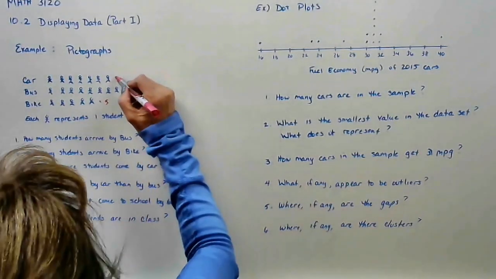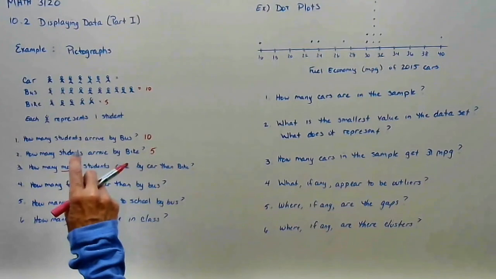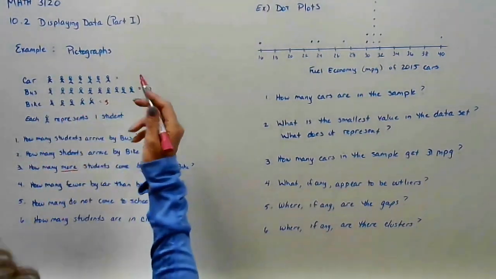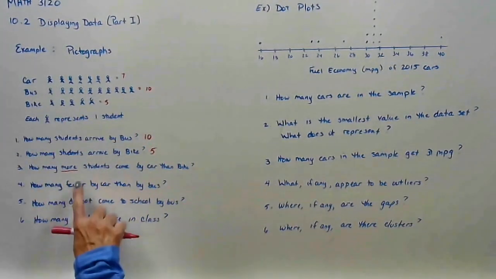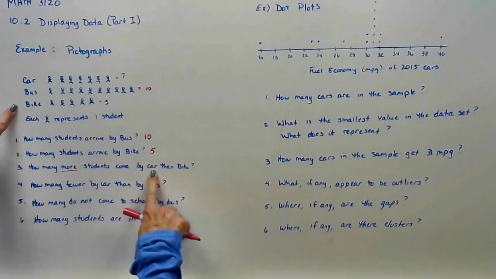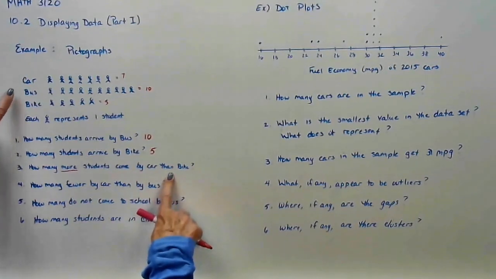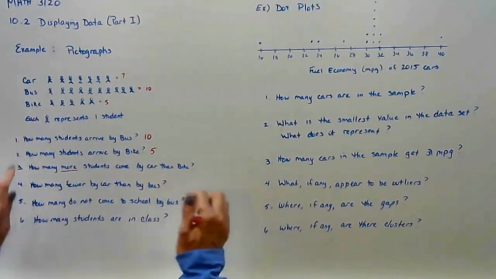Well, if we count these up to begin with, 1, 2, 3, 4, 5, 6, 7. So they're getting a number sense, recognizing hopefully that 7 is 2 more than 5. This is a great number sense problem. So how many more come by car than by bike? 2.